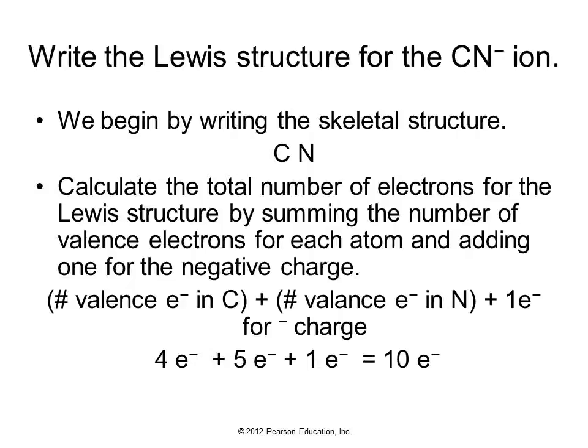We begin by writing the skeleton structure. It's simply carbon and nitrogen. Then we calculate the total electrons, knowing that each carbon brings 4 electrons and the nitrogen brings 5 electrons, 4 plus 5, and then seeing the negative charge, adding 1 more to give us 10 electrons.